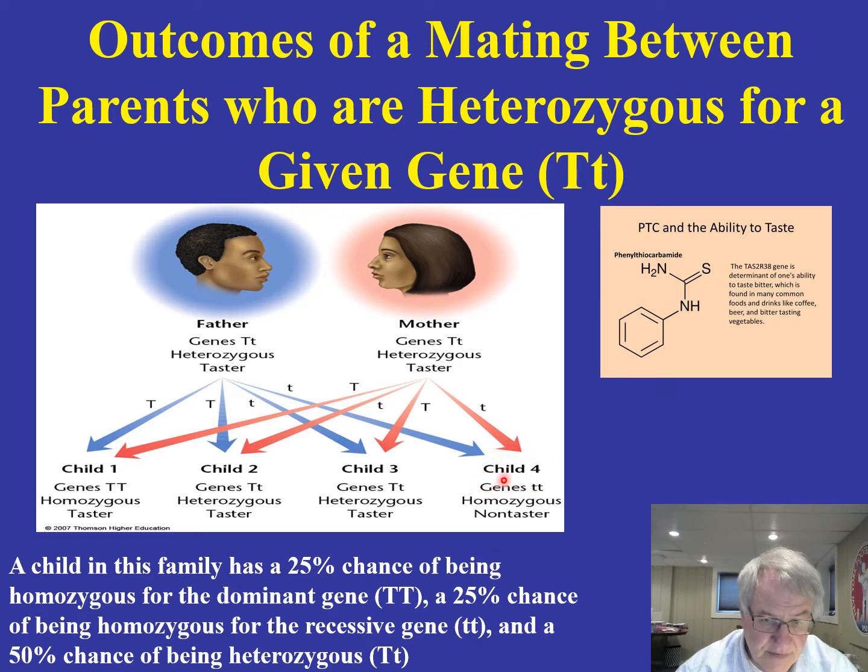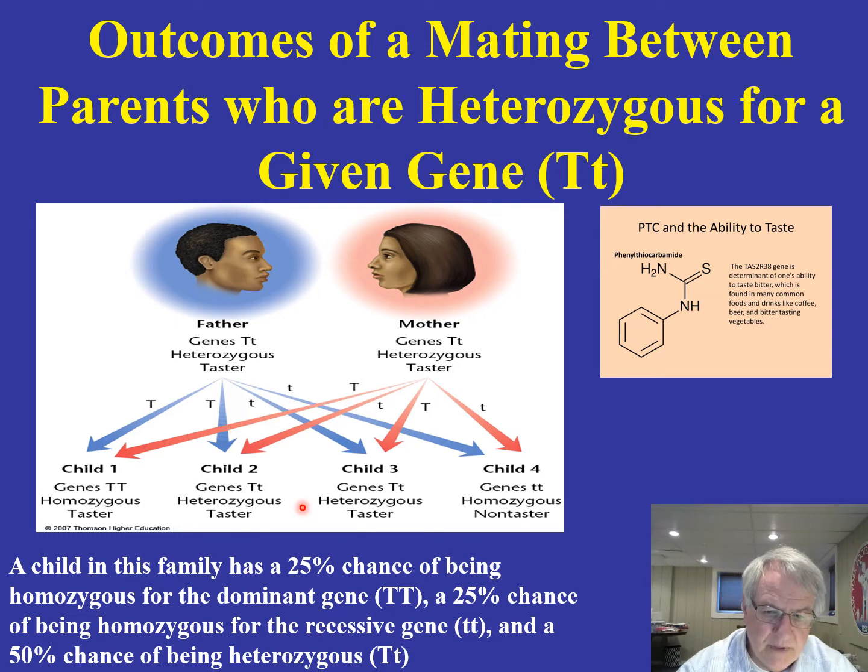So that consists of 50% probability. And you would see the heterozygous condition that you see right here, where an individual has the dominant and recessive, you would have, again, a 50% likelihood of those individuals being represented in the offspring probabilities.